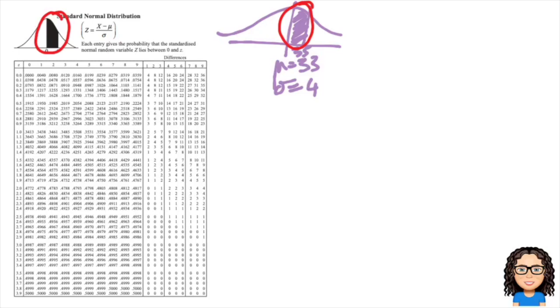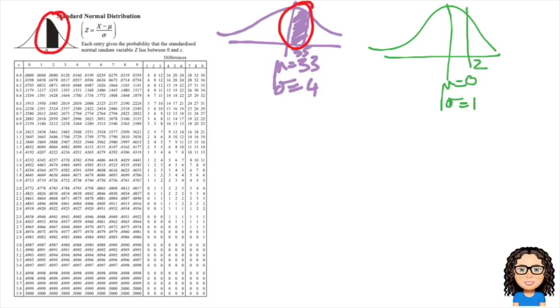With that, what I need to do now is find the value of Z. So I've got the Z distribution, which is what we're looking at here, and that has a mean of 0 and a standard deviation of 1. I need to find the Z value so that this area is the same size as my area on the X distribution.